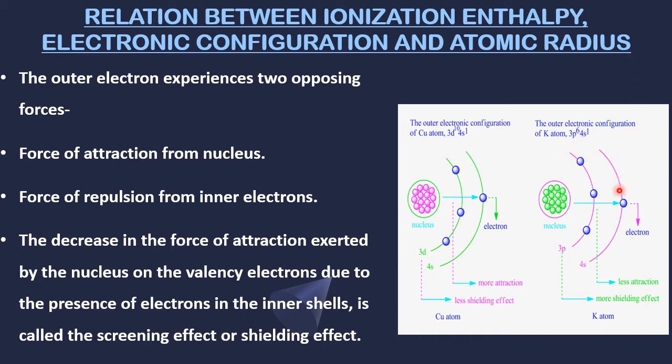What the diagram says is that this electron is experiencing more attraction by the nucleus compared to potassium. Why?